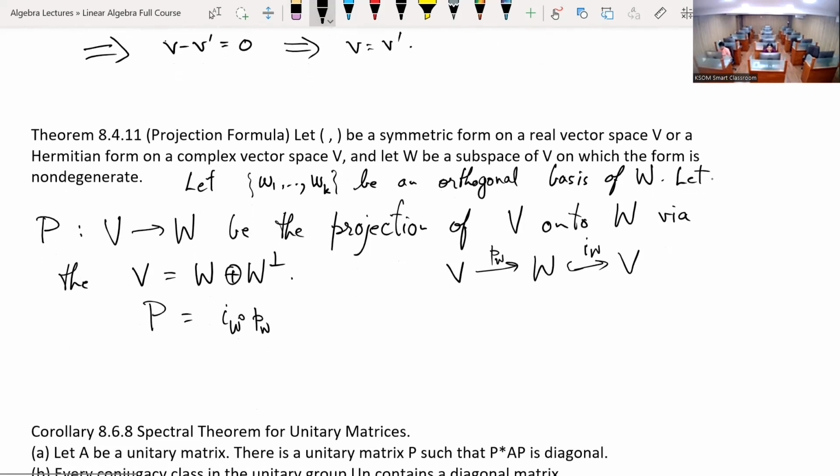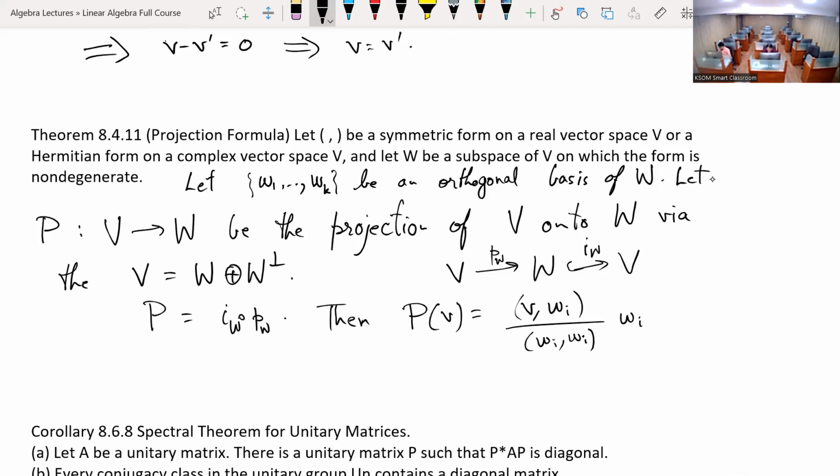So for V in V, the formula is that PV is the sum, over i equals 1 to K, of the inner product of V with Wi, divided by the inner product of Wi with itself, multiplied by Wi.